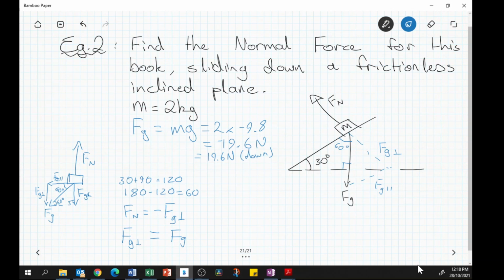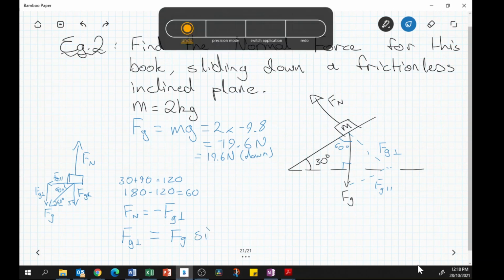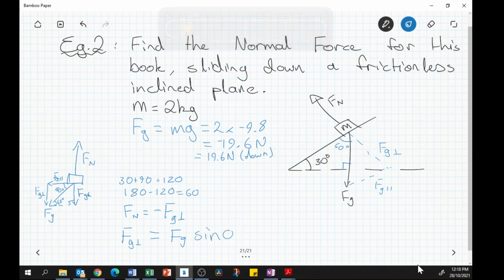So I'm going to solve this as 60 degrees. So I'm going to do this as the opposite. So it's going to be sine theta. So we just take our gravitational force and we multiply it by sine theta, which equals our force due to gravity we found here, 19.6. And again, we don't need that negative for this situation. It's a bit meaningless right now. We're on an angle for our force of gravity.